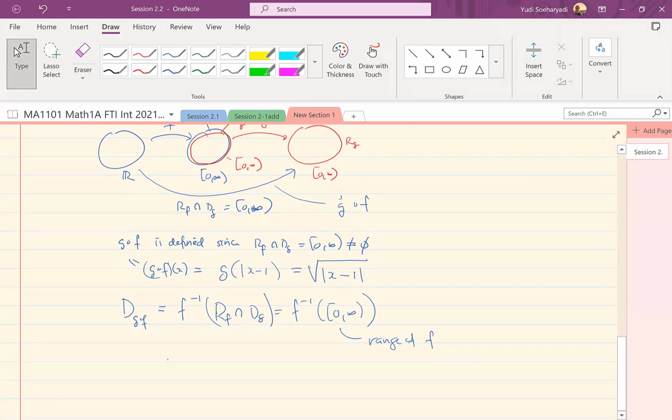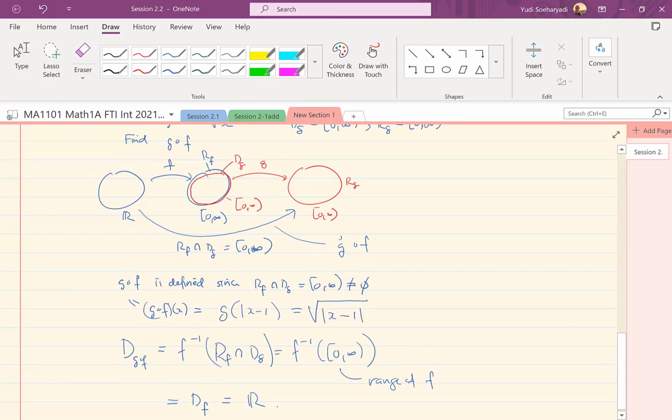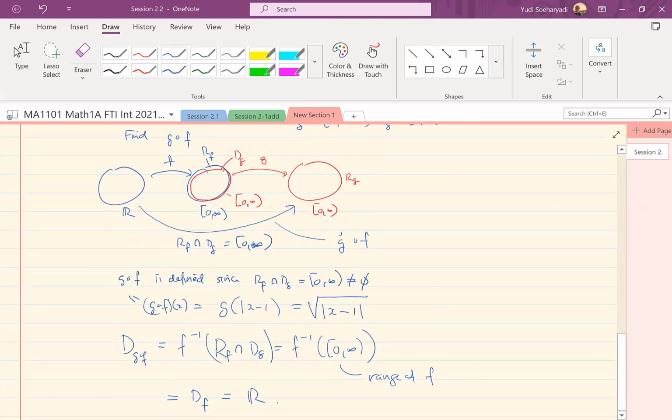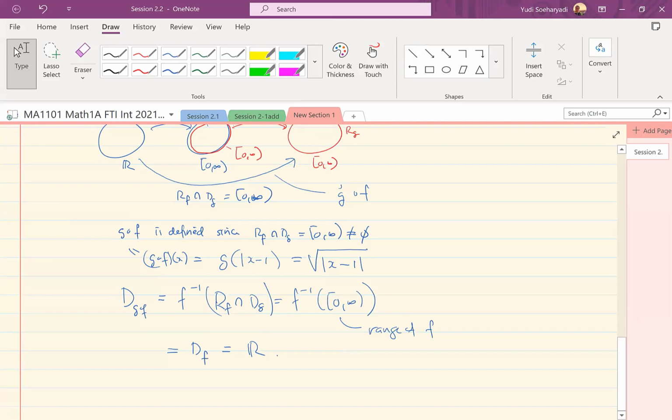Okay, so that's the reason why the inverse pre-image of the range is the domain in this case. So again, this is the whole thing. Okay. But sometimes you have some restrictions.